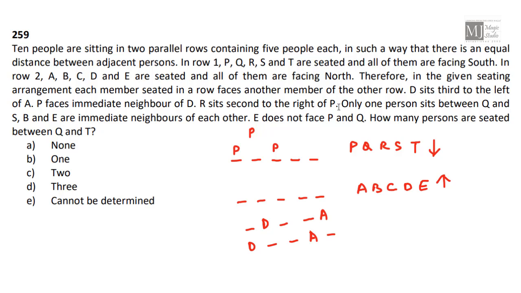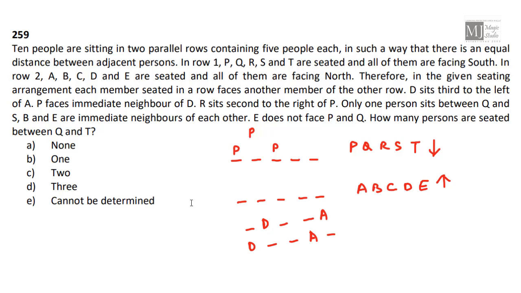R sits second to the right of P. So if P is sitting here, R to the right would be to the left from the north.